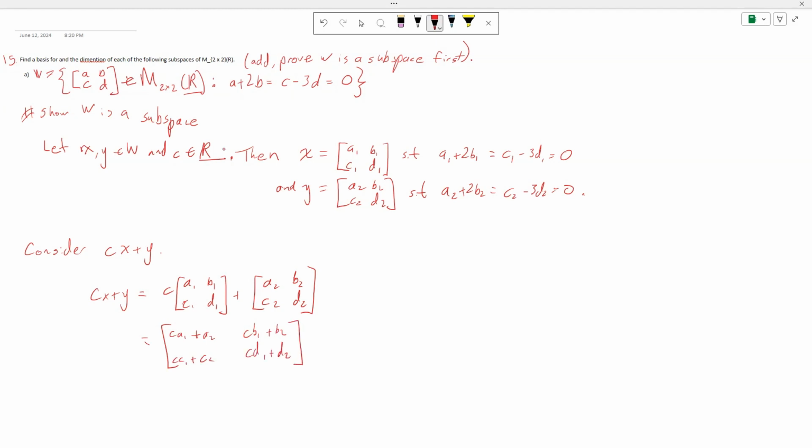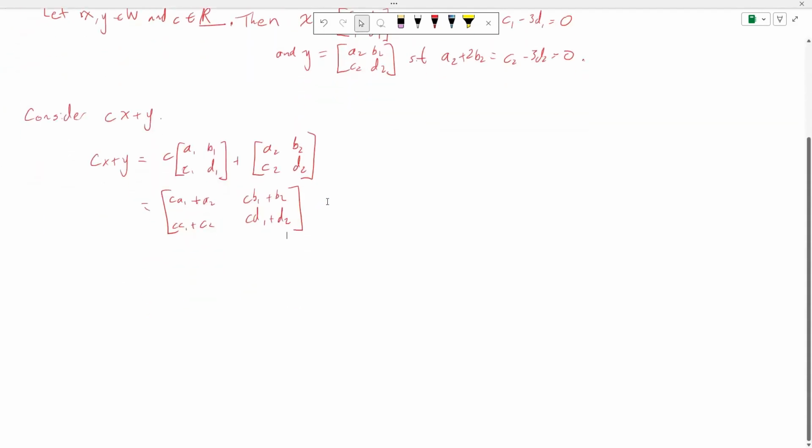Now we want to verify that it satisfies this condition.